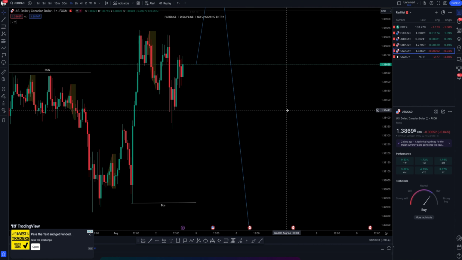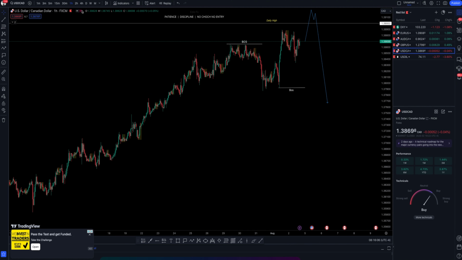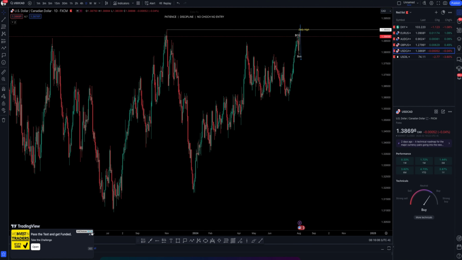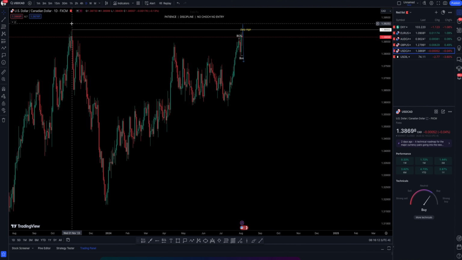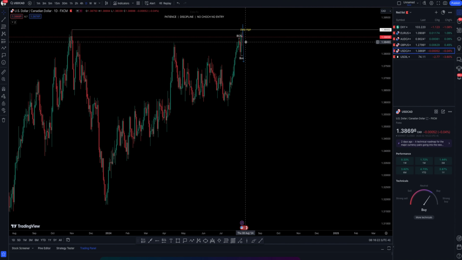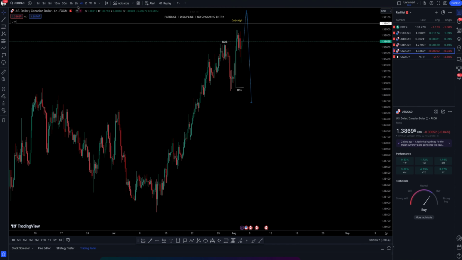Alright, USDCAD. Oh, this looks a bit nice. So I did go to the daily. The last daily was on November 23. I went there, and now it's heading towards that daily high.